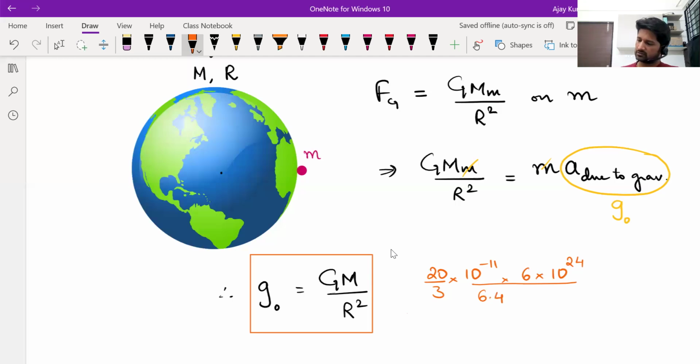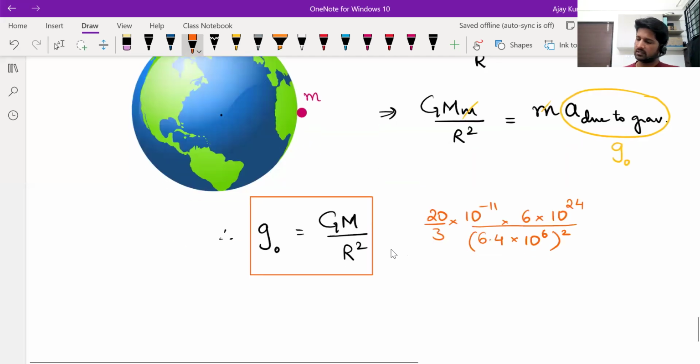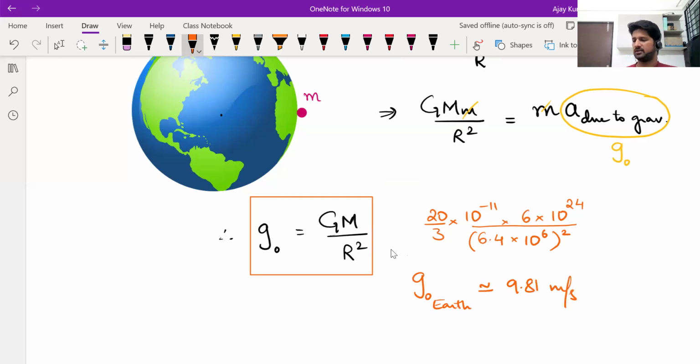Kilometer is 1000 meters. So it becomes 6.4 into 10 power 6 meters, and you have to square this. You do this calculation, you will see that gravity on the surface of earth will be approximately 9.81 meters per second square.